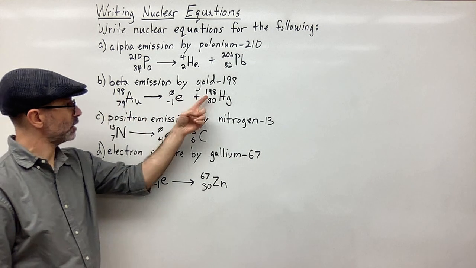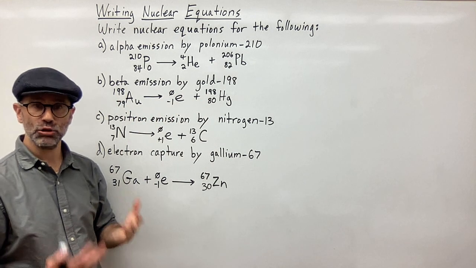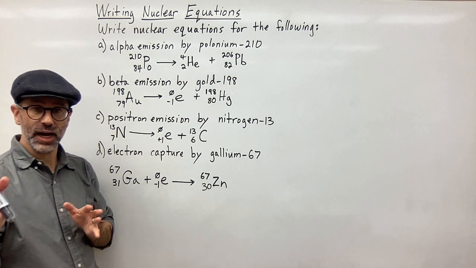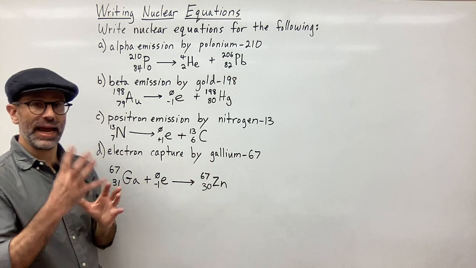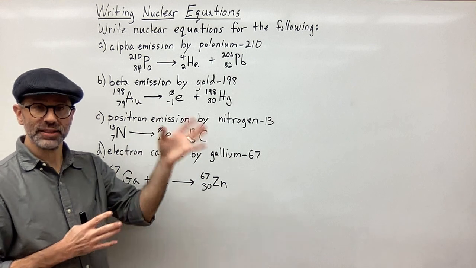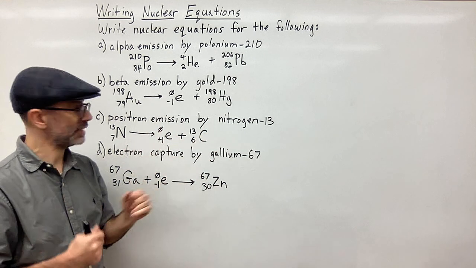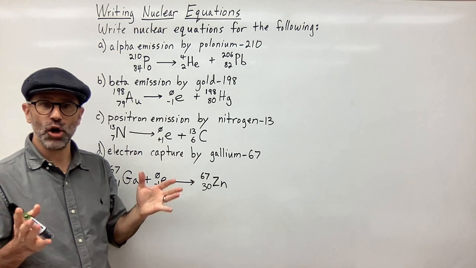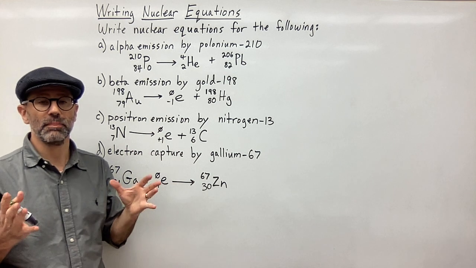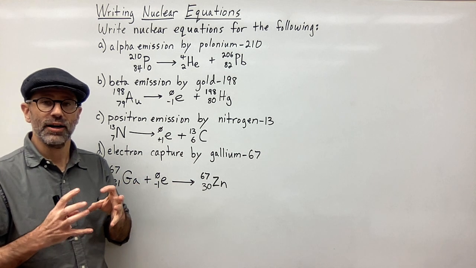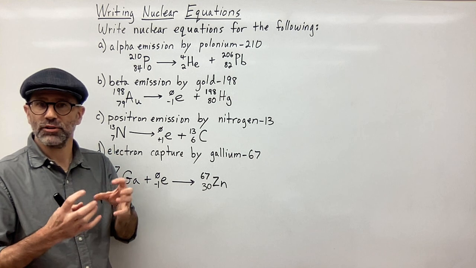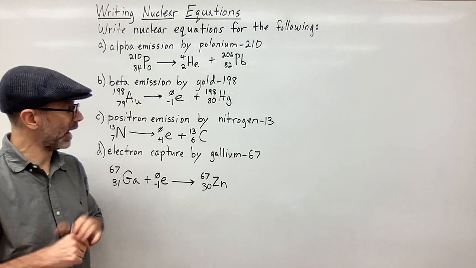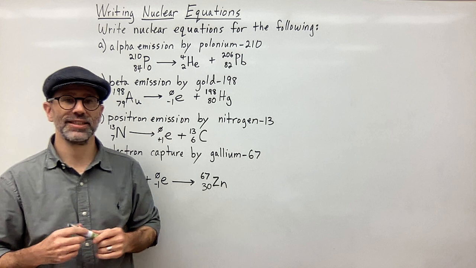Well, if the mass number stays the same, we must have lost a neutron. So in this case, the neutron broke apart into a proton and electron. So we gained a proton and we lost the electron, and our mass number stayed the same. So again, this shows that the subatomic particles themselves are not solids, they're made up of particles themselves. So again, I just wanted to make sure that was clear.